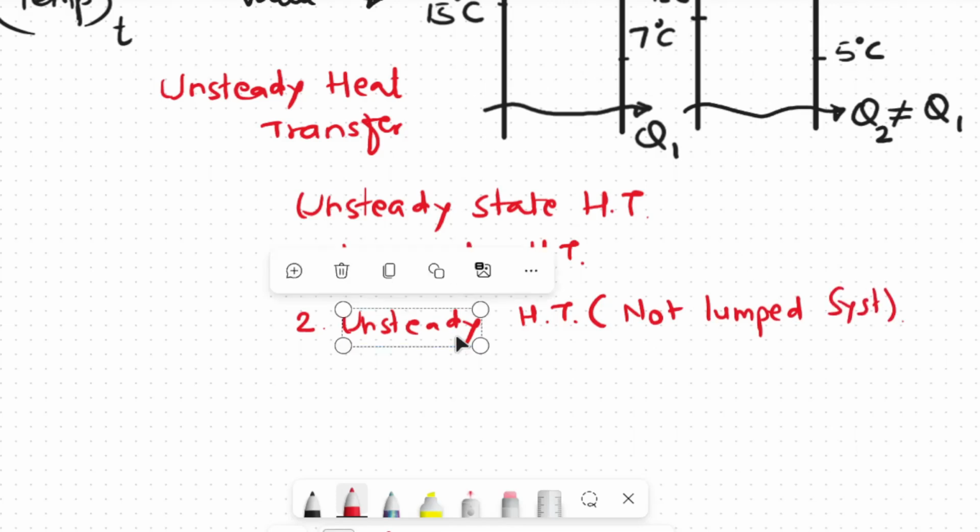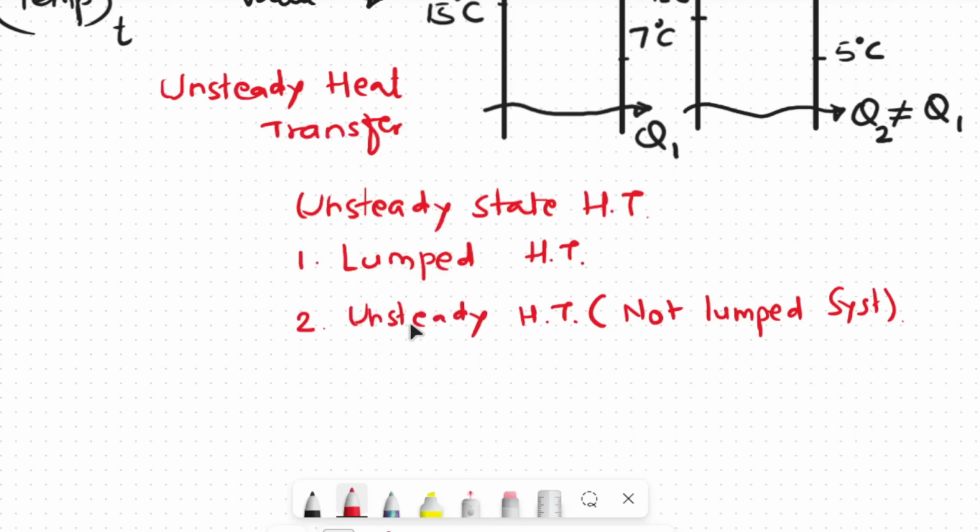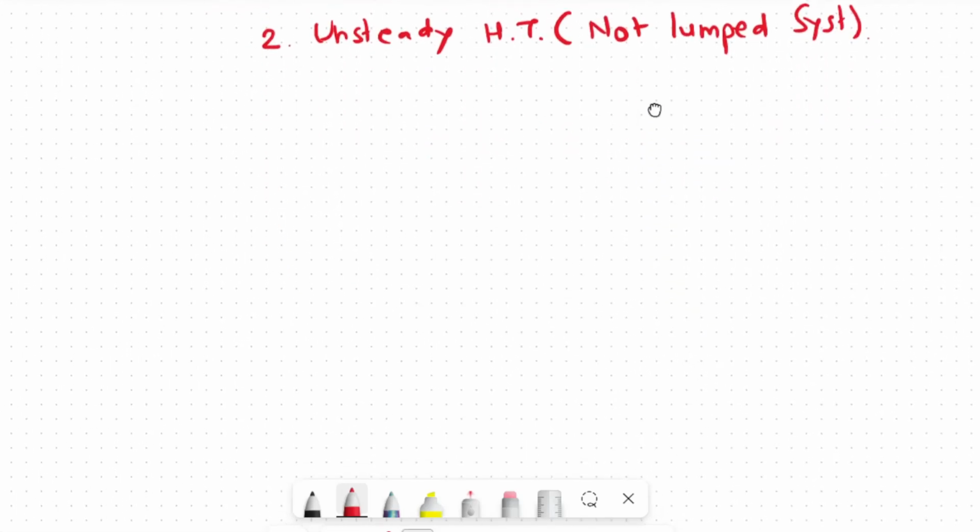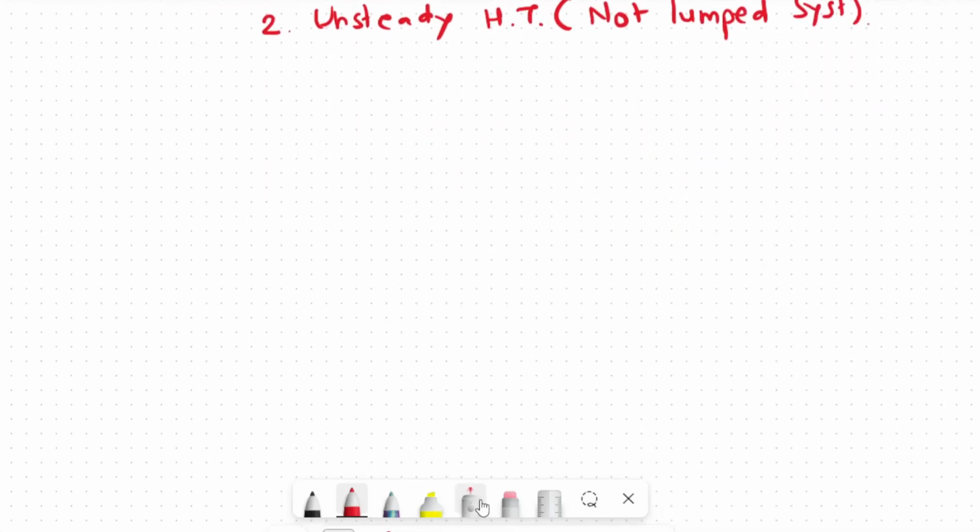Now, let us take an example of lump heat transfer and unsteady state heat transfer. All the mechanical engineers know this process where copper balls are kept in furnaces or ovens. Suppose I have a very small copper ball.